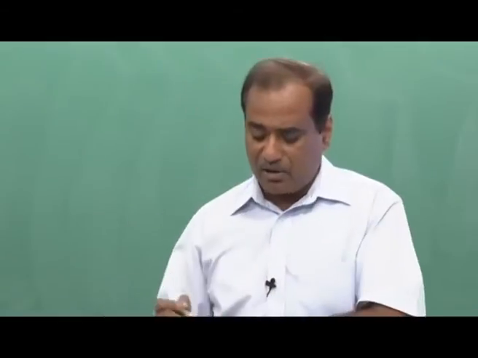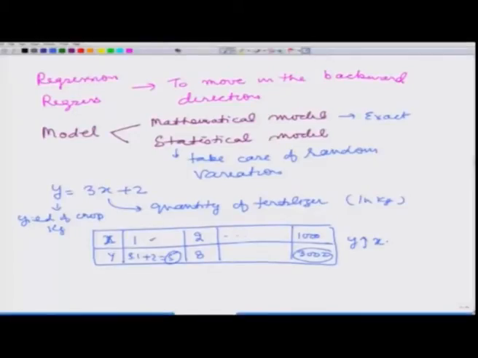Similarly, from the statistics point of view, if I use 2 kg of fertilizer, then on average I will get 8 kg of yield. But here comes a main difference.